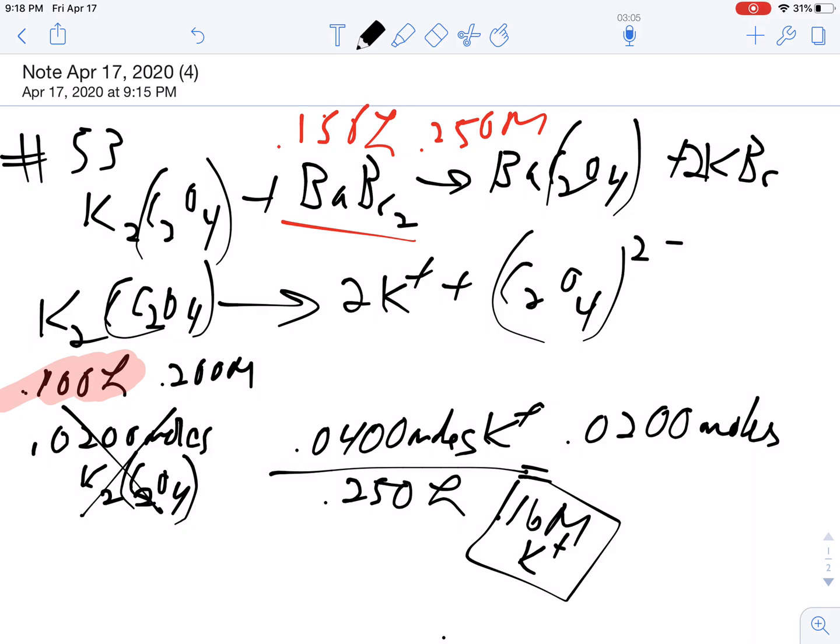Let's not forget about the oxalate over here. We'll tackle that at the end. That's going to be the tougher one, okay? Let's go on to figure out the amount of bromide. So I've got 0.15 liters of a 0.250 molar solution.